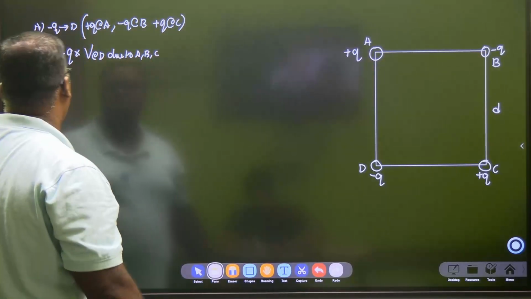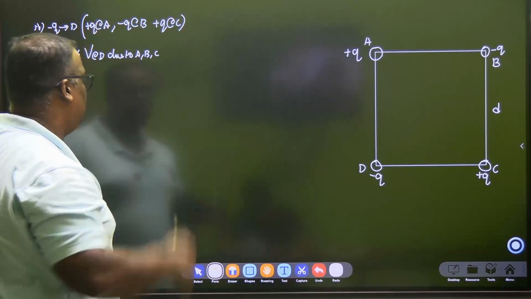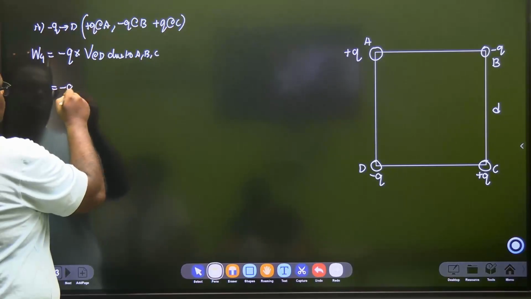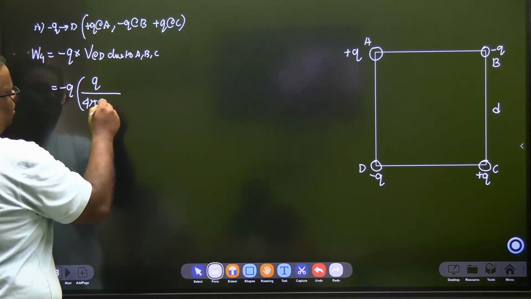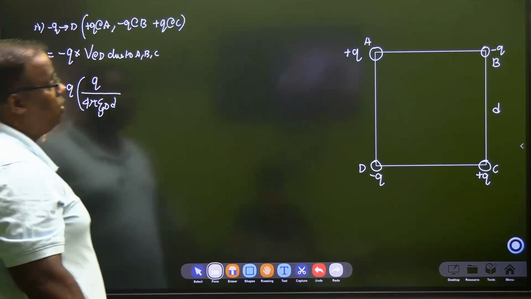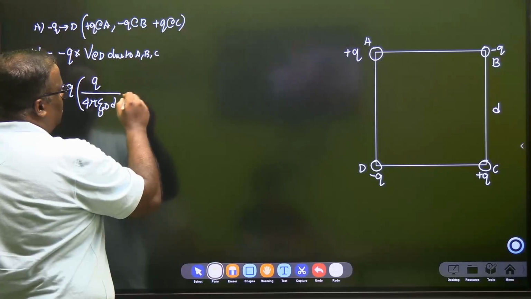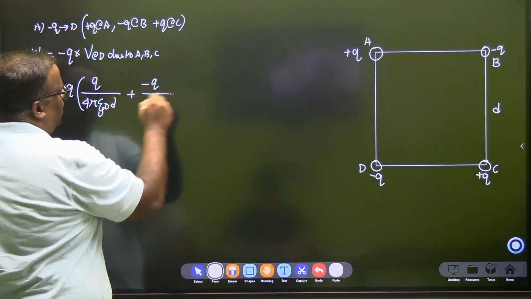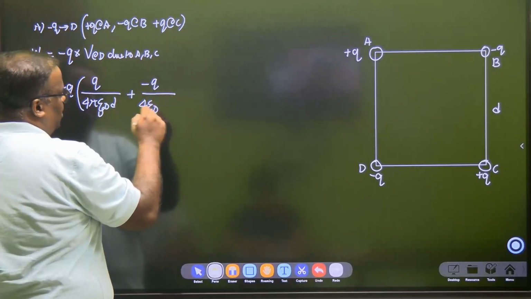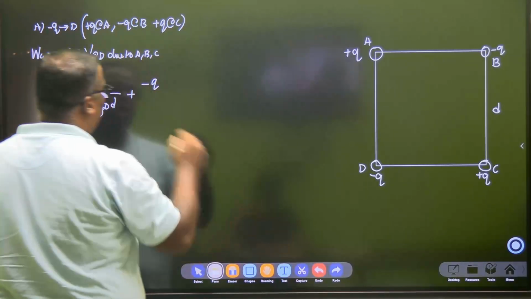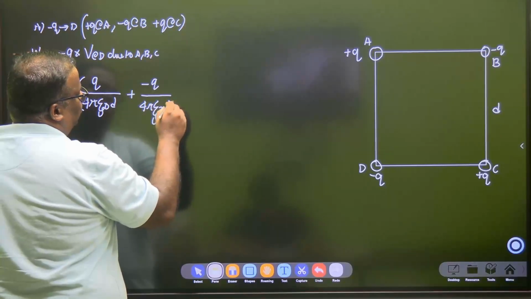So let's calculate. If you look for the potential due to A, what will be the potential? Negative Q will be multiplied by Q by 4 pi epsilon naught D. Then the potential due to B will be minus Q divided by 4 pi epsilon naught, and this will be D root 2.